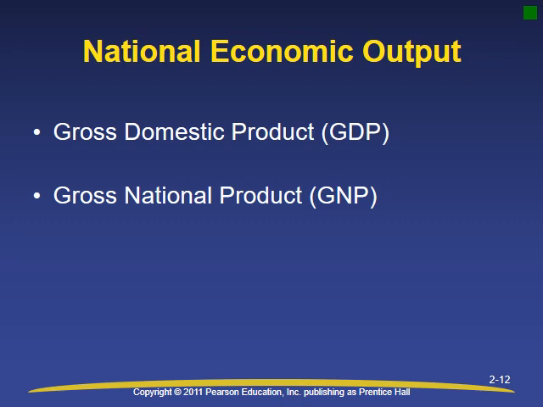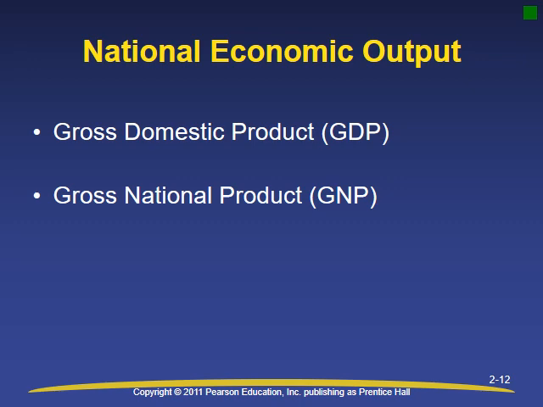The products may be produced by either domestic or foreign companies as long as the production takes place within a nation's boundaries. For example, sales from a Honda plant assembly in California would be included in the U.S. GDP, even though Honda is a Japanese company.